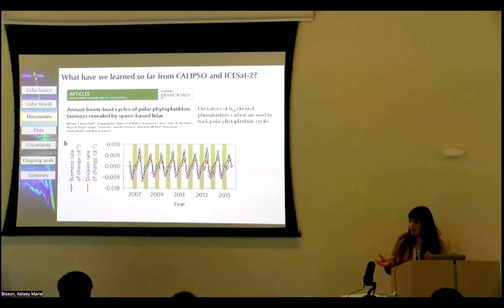And again, if you think back to the earlier plot, we know so little about the Arctic and Antarctic, both from the difficulty and expense of getting there by ship, as well as the fact that until the launch of Calypso in 2006, there wasn't a way to remotely observe these areas. So this is a study where he was asking questions about how phytoplankton are blooming and what the underlying controls are, both top down and bottom up.